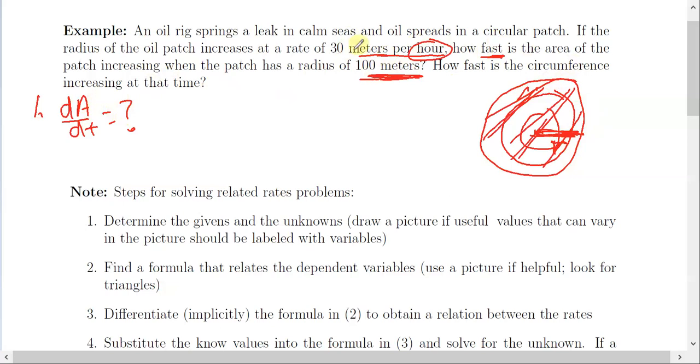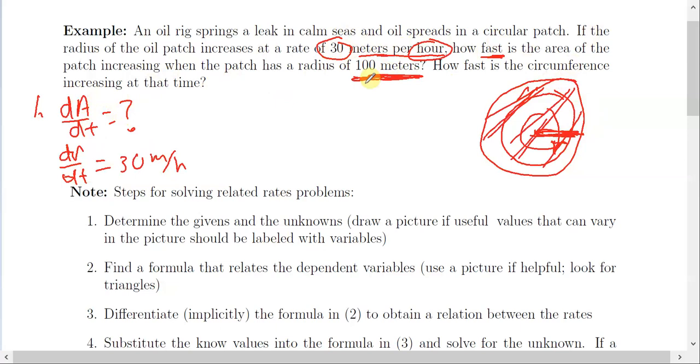The knowns, usually you can go to the numbers. I've got a 30 and 100. The 30 is the rate of change of the radius. So it says the radius is increasing at 30 meters per hour, so I'm going to say I'm given dr/dt, the change in the radius, is 30 meters per hour.